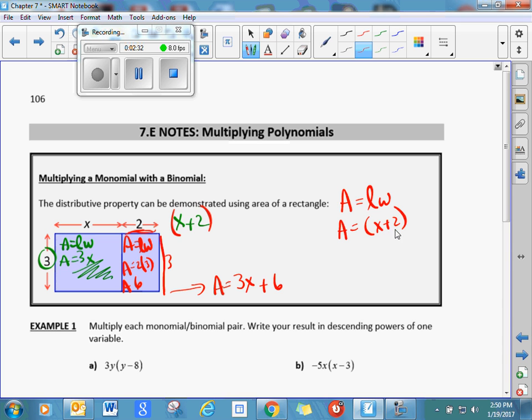They add together to make the length, times the width of the big rectangle, which is 3. When we do distribution, I'm going to move my 3 in front because the commutative property says I can. I'm going to distribute the 3 to each term on the inside of the grouping symbol, and I get 3x plus 6. Same exact answer. So I did it pictorially, and then I did it using the formula without a picture.